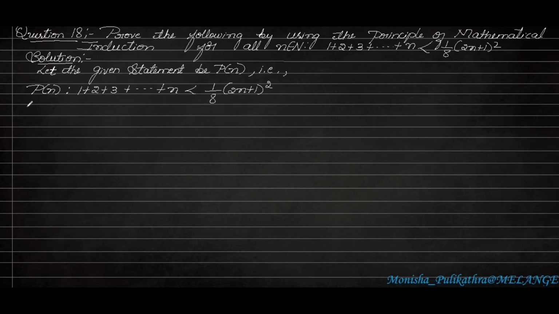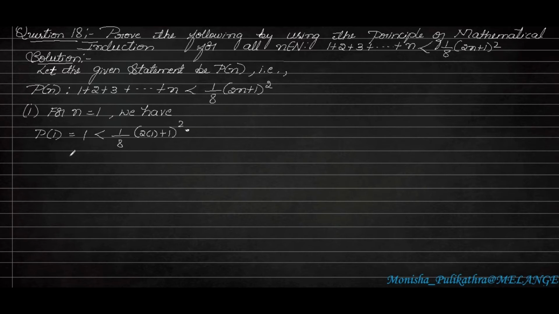The next step is as usual we have to take n equal to 1. So here p of 1: in the place of n we have to take 1. The whole series goes on the same, and in the place of n we take 1. Here the symbol is less than, so 1 is less than the RHS, 1 by 8 into 2 into 1 plus 1 whole square.